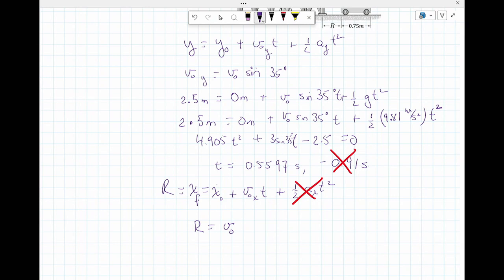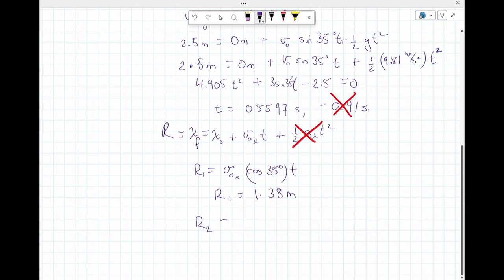So r is equal to the final destination. So r is equal to v naught x cos 35 t, r1 is equal to 1.38 meters.